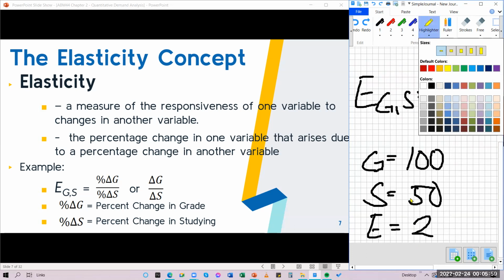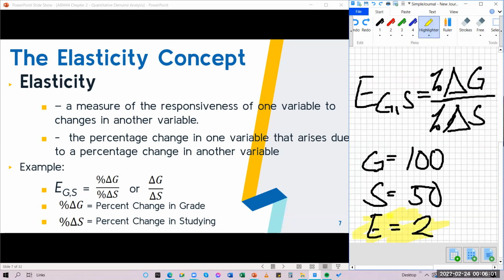So this is again an example. If you study, for example, the grade you want is 100, so your expected grade is 100. So the formula would be 100 divided by 50 equals 2.